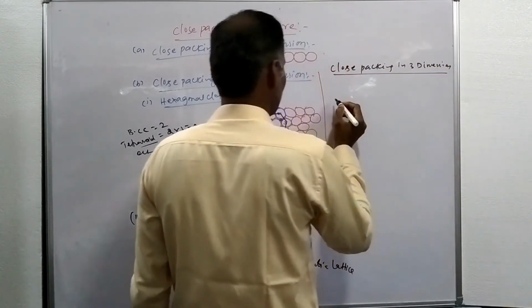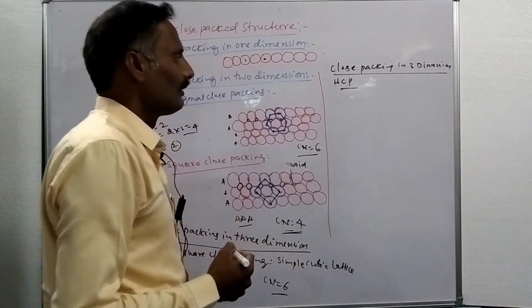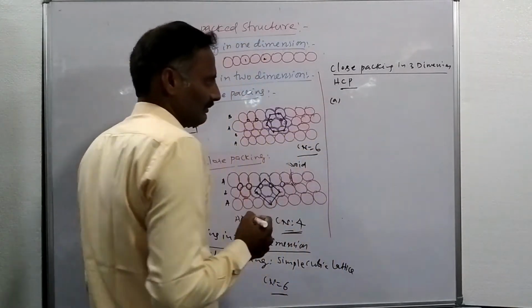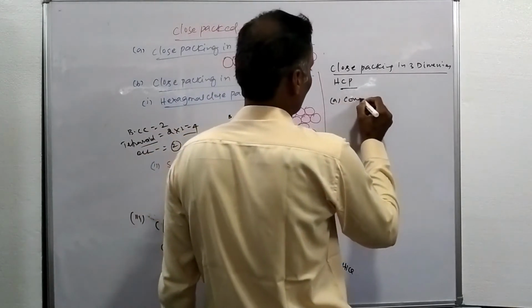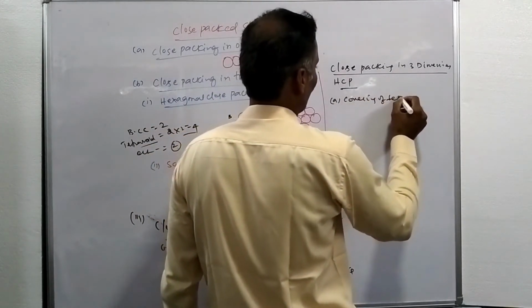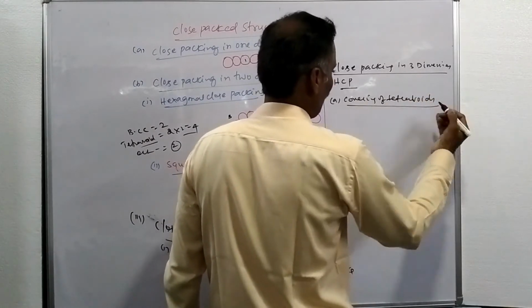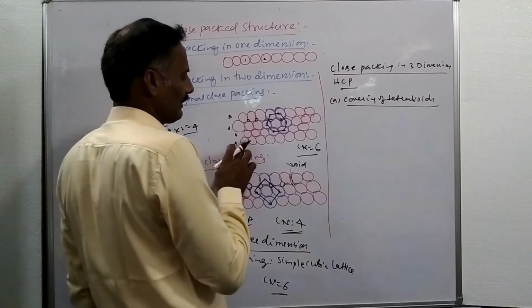In close packing in 3 dimensions, we are using hexagonal close packing. During this arrangement, you have 2 possibilities. One is covering of tetrahedral voids. Covering of tetrahedral voids. Then this is the first layer here.